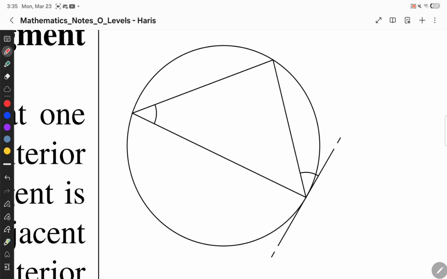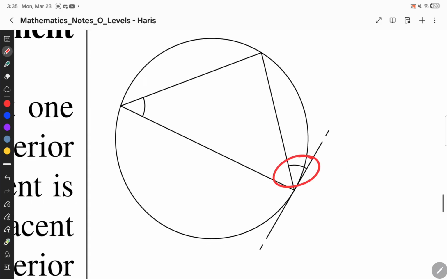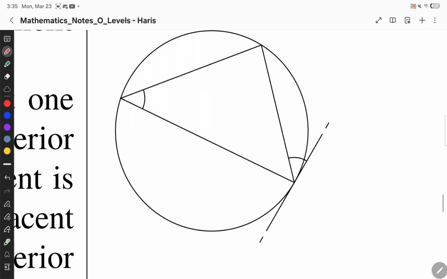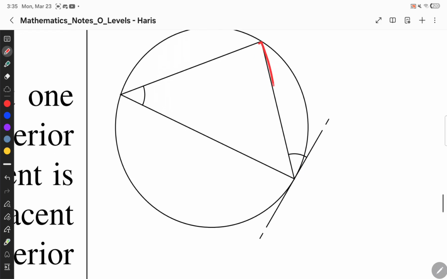The angle, this angle, you have to look at the side that this angle is made by. For example, this angle is made by this side, and the angle opposite to this side will be the corresponding angle to this.